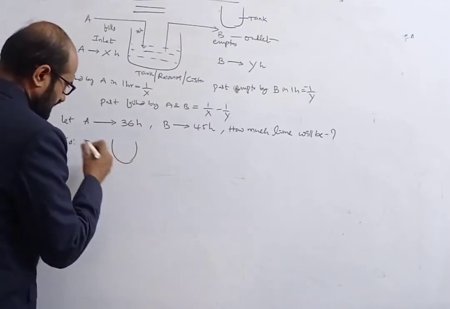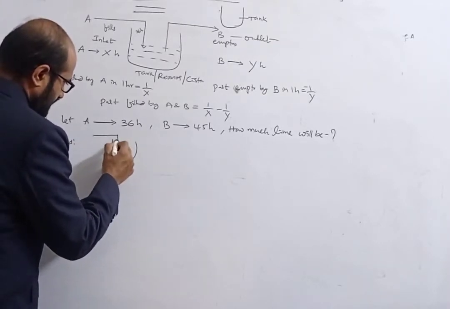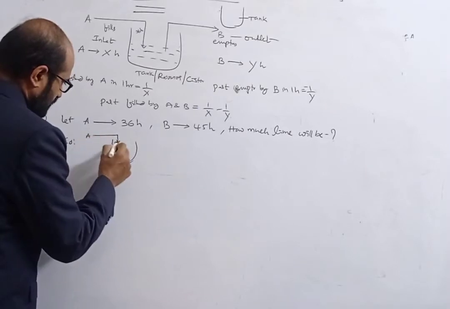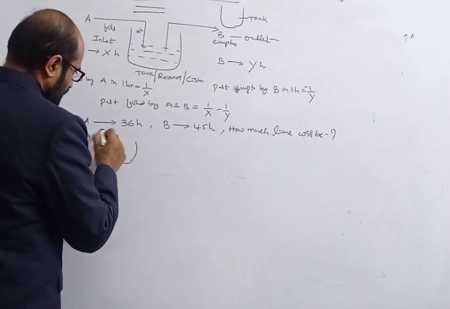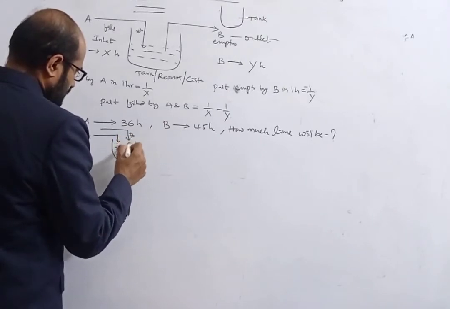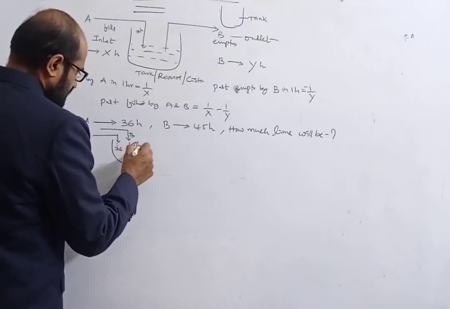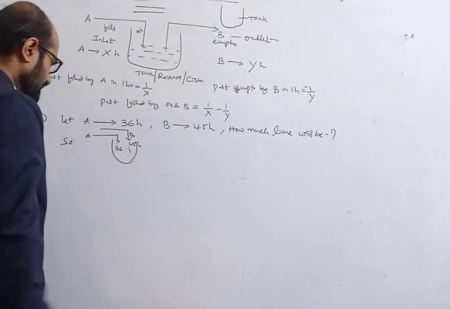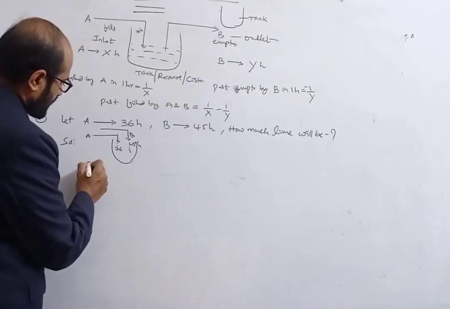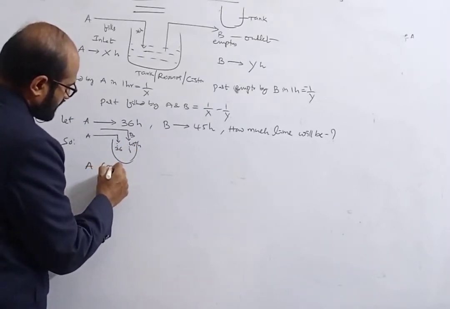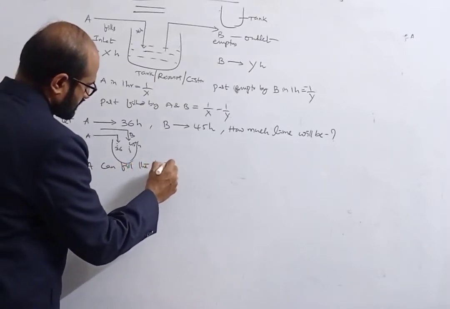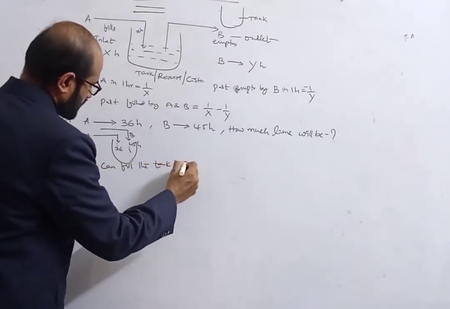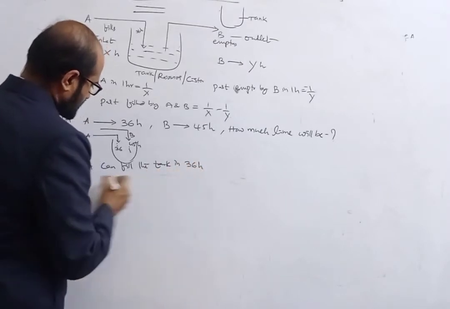See here, let us suppose this is a tank. A will take 36 hours to fill the tank and B will take 45 hours to fill this tank, right? Now how can you write? A can fill the tank in 36 hours.